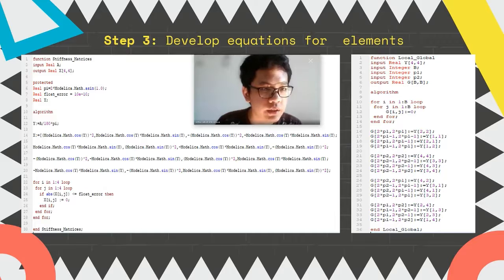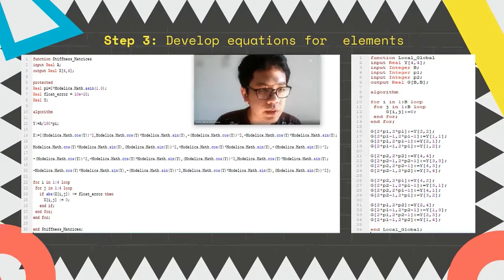Here is the protected real P equals 2 times asin 1.0. And we set the float error at 10 to the power of minus 10.